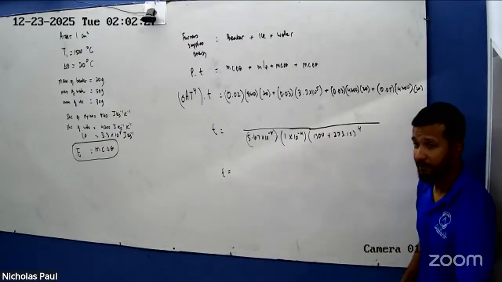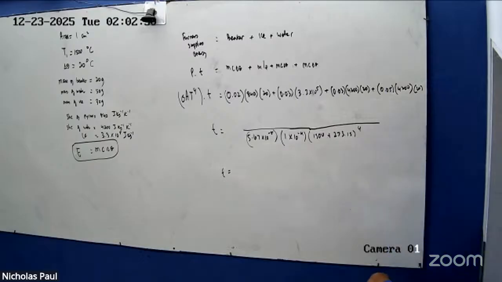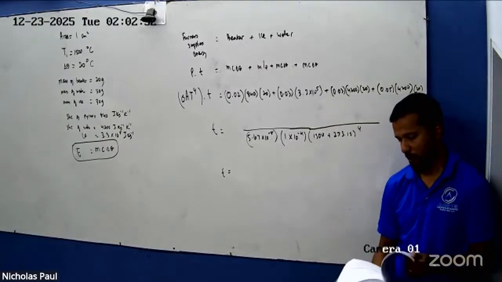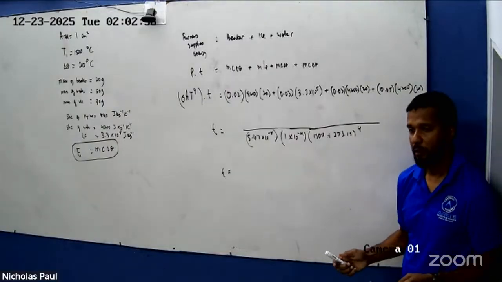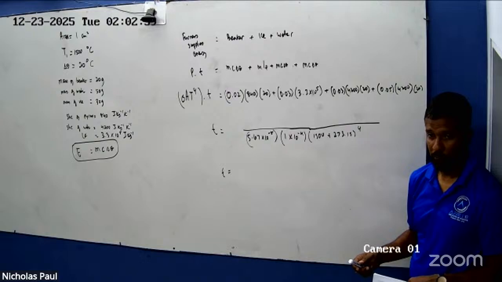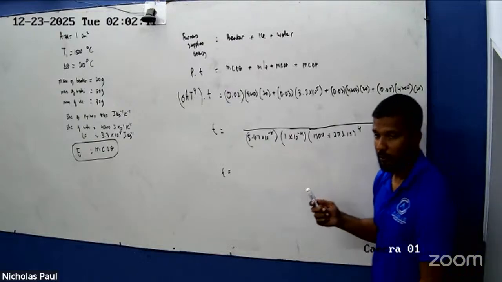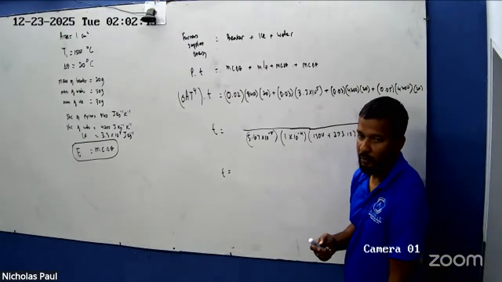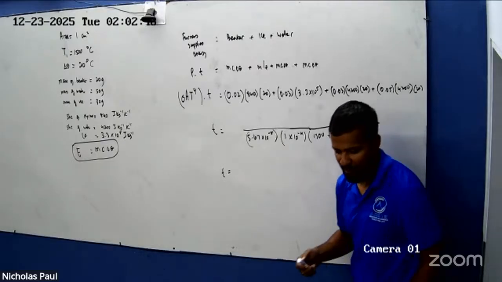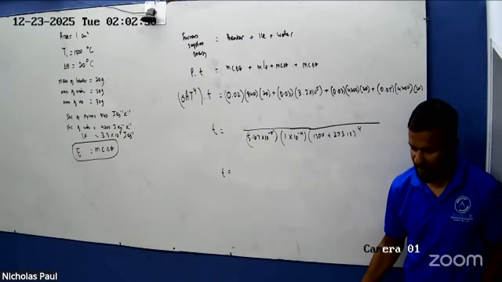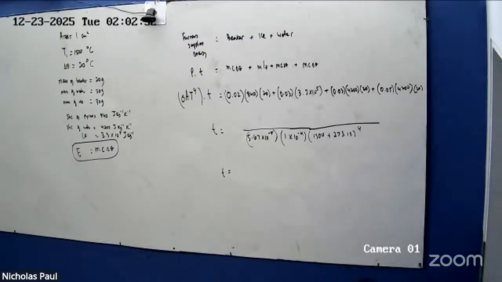Any answers? Oh, go on. 261.17? 261. Look it up. What did you get? 347. Check it again. Okay, let's send this picture to the group.